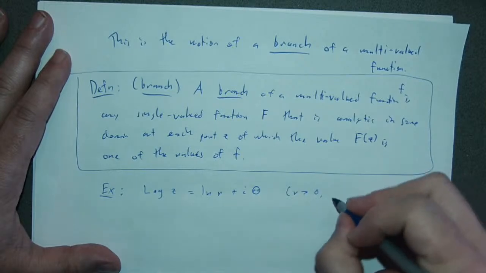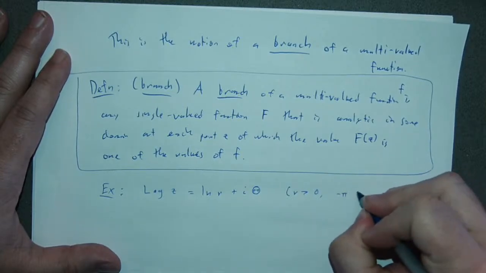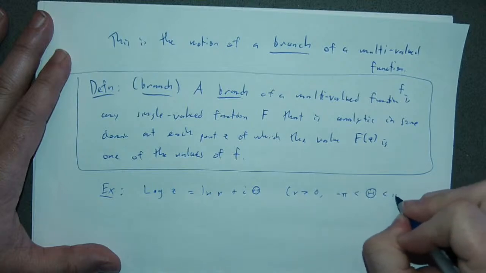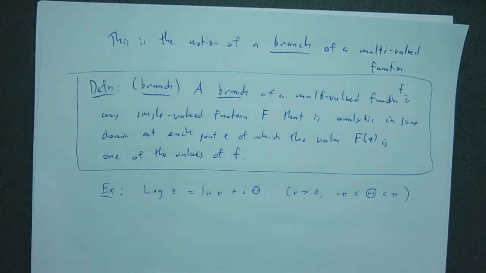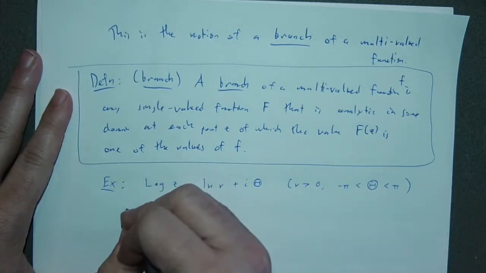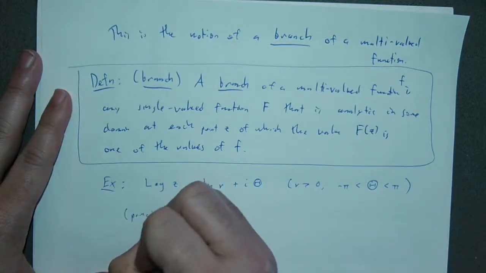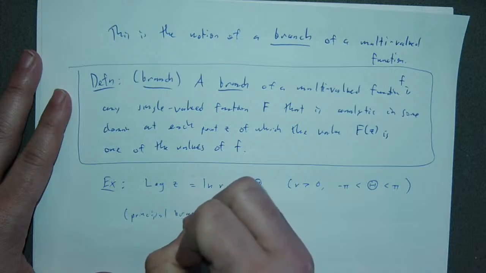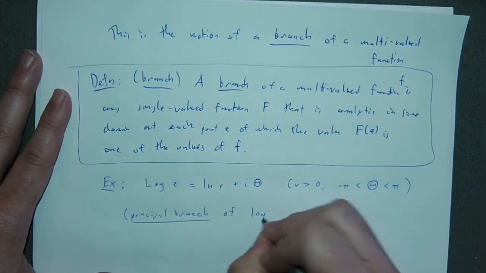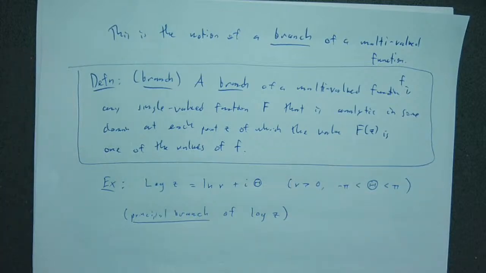Little r is positive, and theta is taken to be strictly between pi and minus pi. This is called the principal branch of log z, and it is an example of what I mean when I talk about a branch.